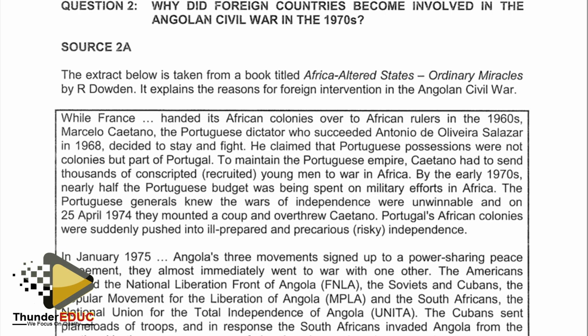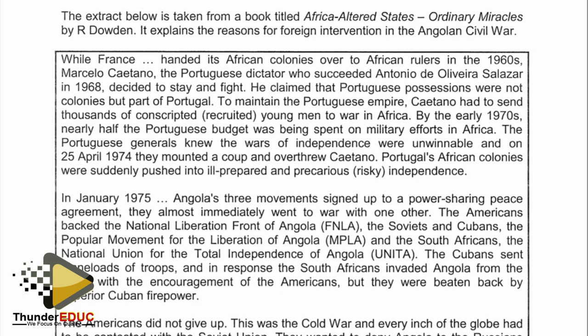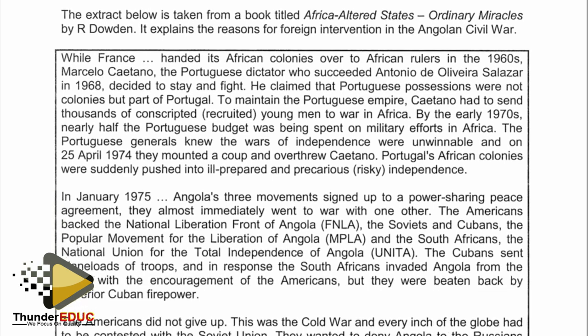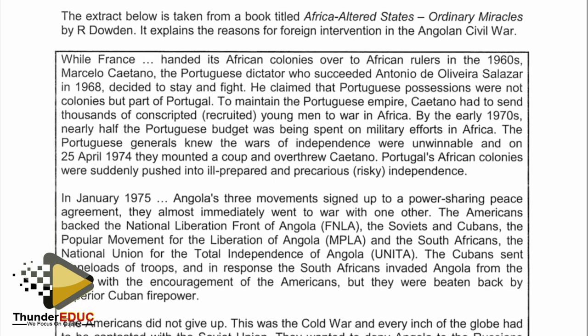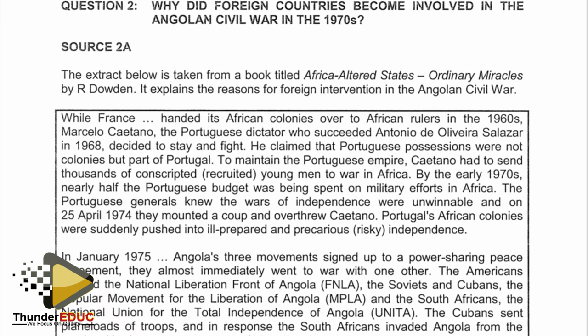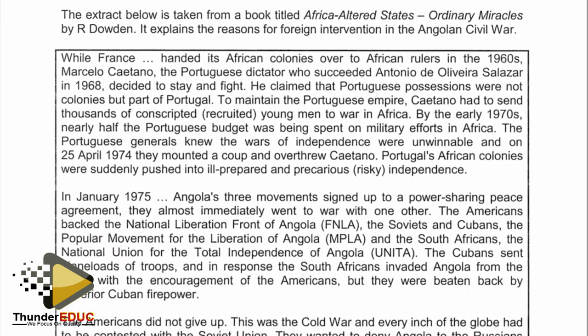I think we all understand the Angolan situation. Angola was a former colony of Portugal, but Angola got its independence, and after it got its independence, there was supposed to be a transitional government to manage the affairs of the country until formal elections were held and a new government was established.